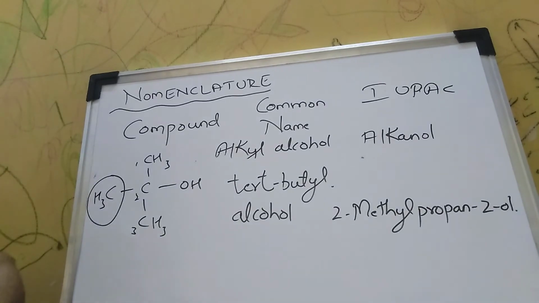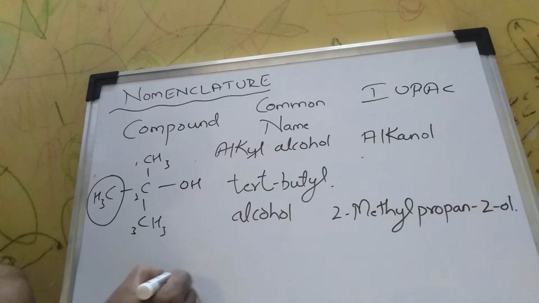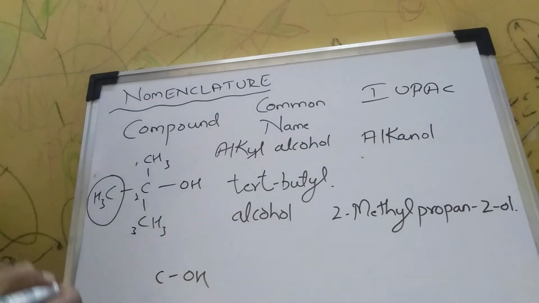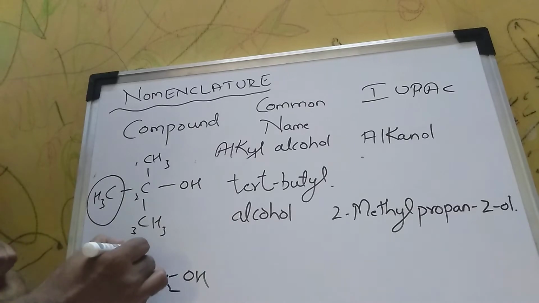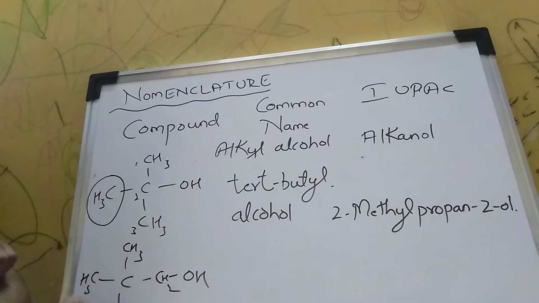The next nomenclature, C-OH here. This is CH2, CH3, CH3, CH3.